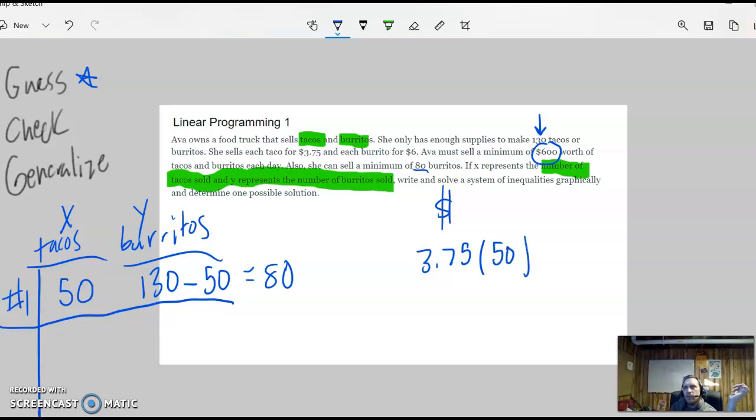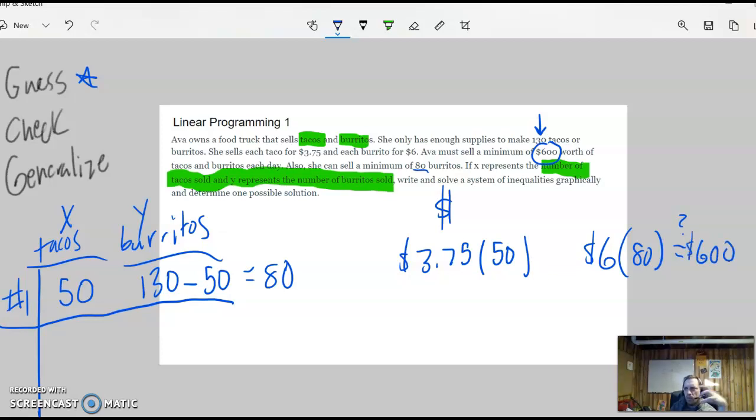All right. And each burrito is $6. So 80 burritos. So that's $6 times 80 burritos, because 50 and 80 is 130. Okay. Now I want that to equal $600.